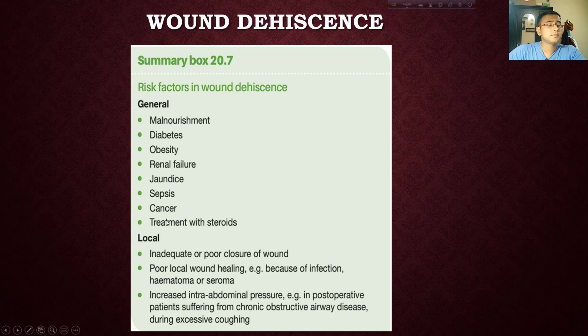This is very common and very important for the postgraduate part 1 exam. Local factors are inadequate closure of the wound, poor local wound healing, increased intra-abdominal pressure, postoperative patients suffering from chronic obstructive airway disease, and excessive coughing. Excessive coughing increases intra-abdominal pressure, which hits the wound site.